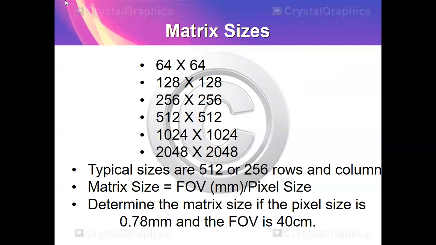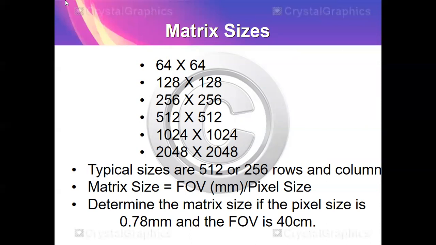As I mentioned in the previous slide, the most common matrix size used in medical imaging is 512 by 512. But there are also some CT scan units that utilize a 256 by 256 matrix.